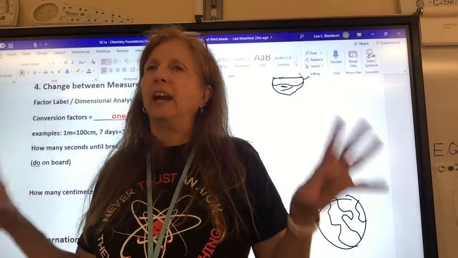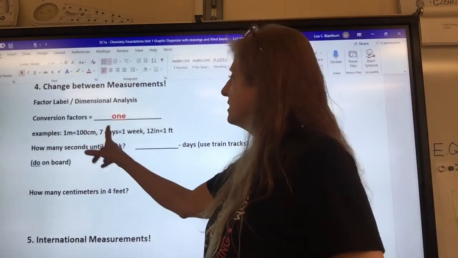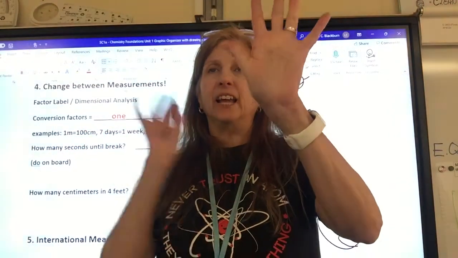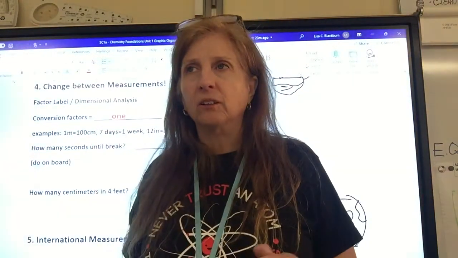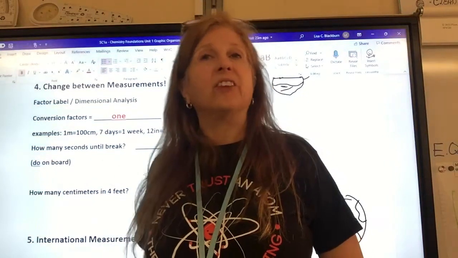So if 2 things are equal and they're divided, they equal 1. So 7 days and 1 week is the same thing. So 7 days divided by 1 week mathematically equals 1.